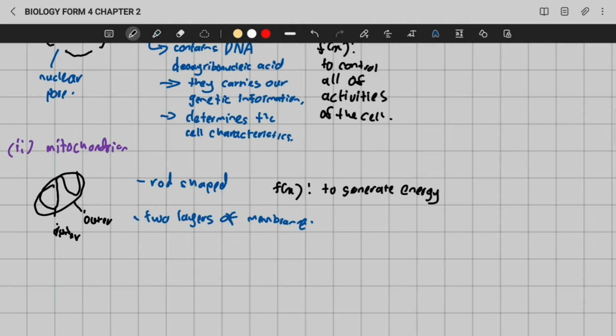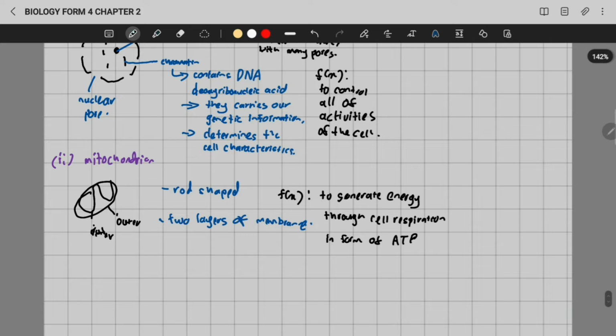If they ask you what is the function of the mitochondria, you should write more, which is to generate energy through cell respiration or cellular respiration in the form of ATP. You will learn later, don't worry. What is ATP? You will learn more in cell respiration or in respiration.